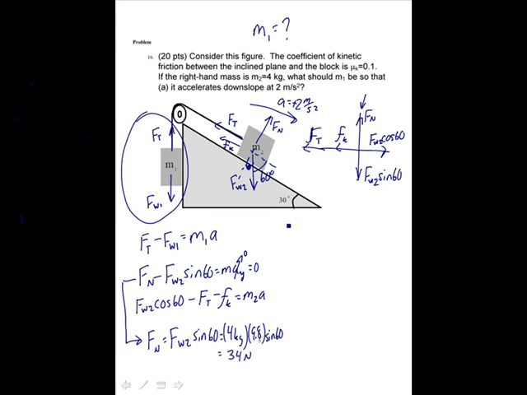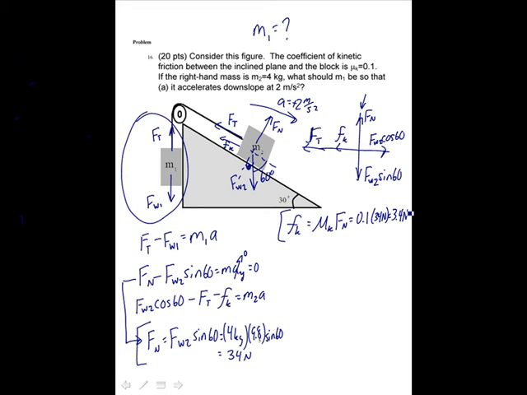Alright, then I can also solve for Fk. Fk, I know, is equal to mu k times Fn. And since I now know what Fn is, and I know what mu k is, it's 0.1 times 34 newtons. This is equal to 3.4 newtons. So I'm getting some of my unknowns and figuring them out.